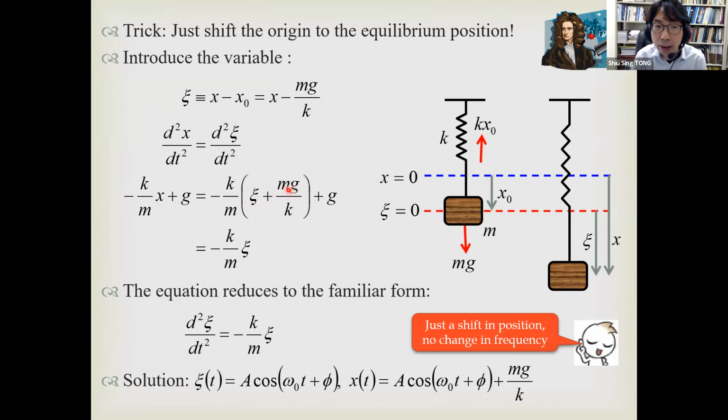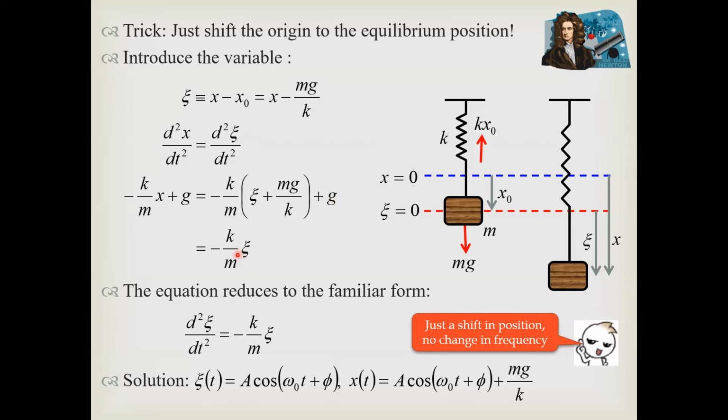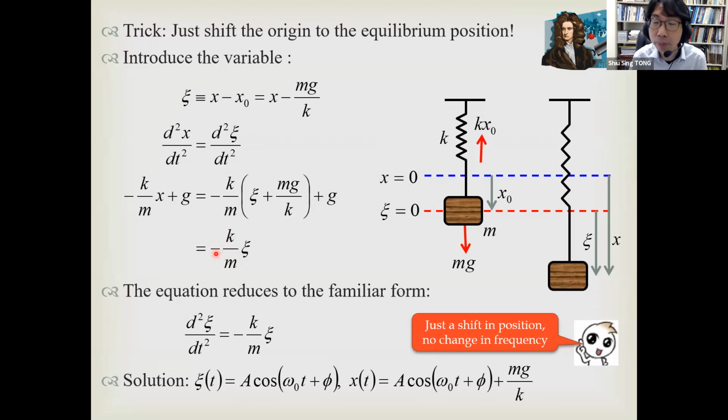Now you realize that after canceling the m and k here, this constant term gives you a minus g, which cancels with the constant term g at the end of the equation. So these two terms actually cancel, and I get only the term minus k over m times ξ, without the constant term.